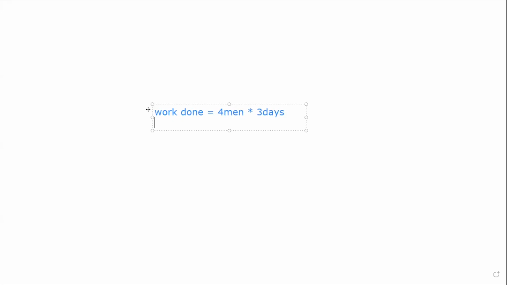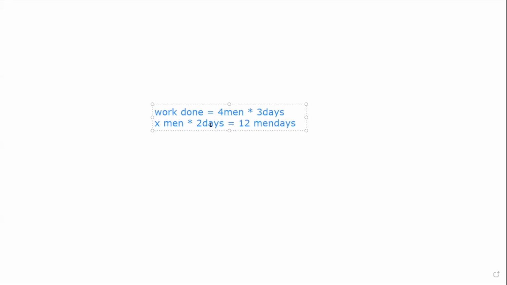So now they are telling us, if you have X number of men working, we don't know how many men should work. So I'll write X men, if they work for 2 days. You have to find how many men. Both the works are the same. So that means this is equal to 12 men days.